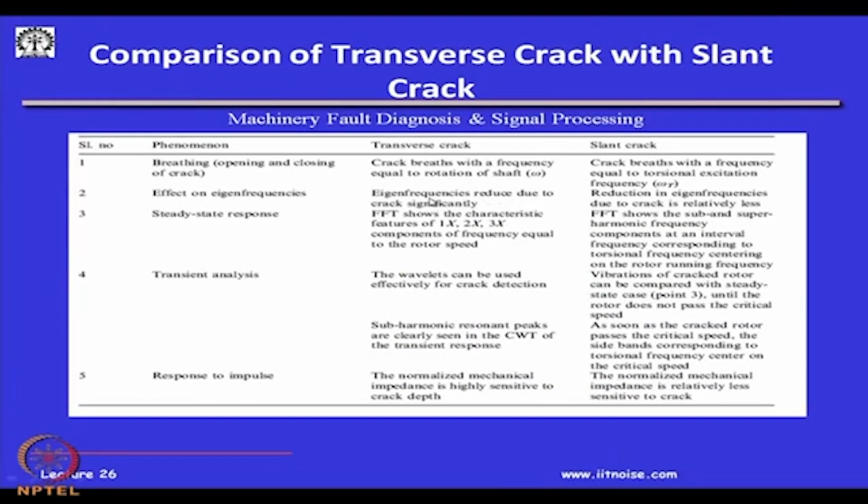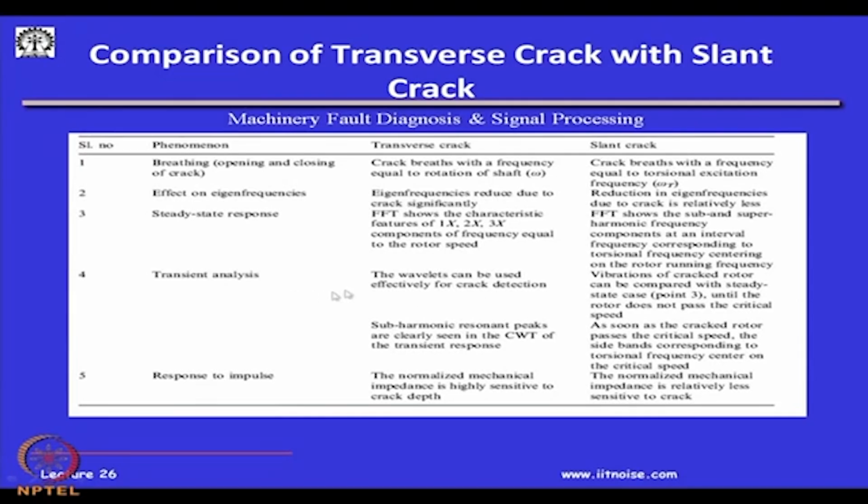Here in the transverse crack, the eigenvalues reduce significantly compared to that in the case of the slant crack. In the steady state response, the FFT shows the characteristic 1x, 2x, 3x, but in the slant crack they show the subharmonic and superharmonic of the rotational speed. By sub means less than the rotational speed, super means more than the rotational speed.